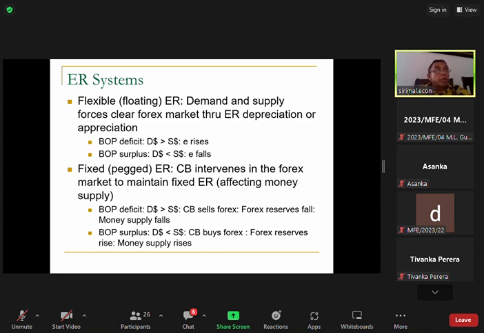So before 1944, the international monetary system in the world was called the gold standard, because there was no particular exchange rate system at that time.